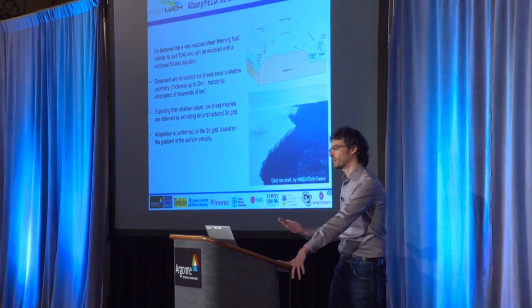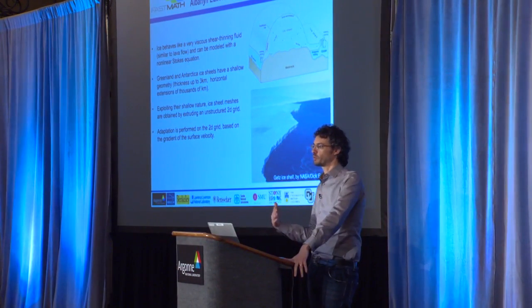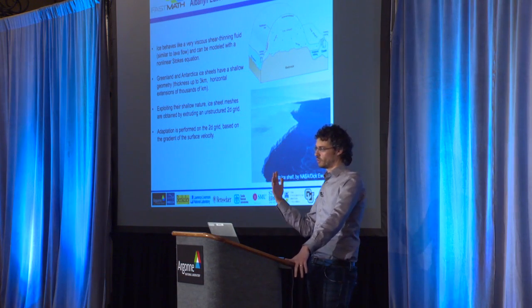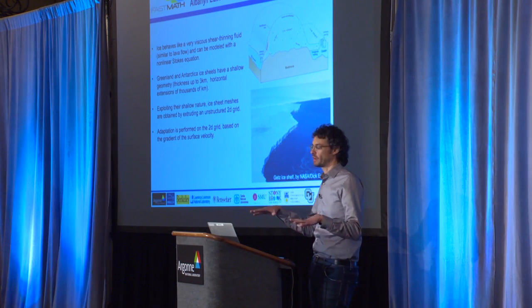The adaptation as well in this case is performed in a similar way. So you adapt the two-dimensional mesh, and then that mesh is extruded, and then you solve the problem in the 3D mesh.